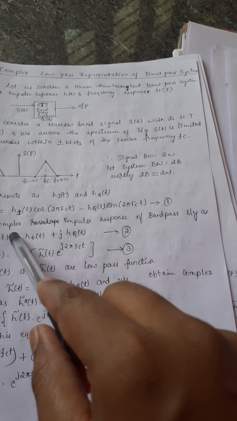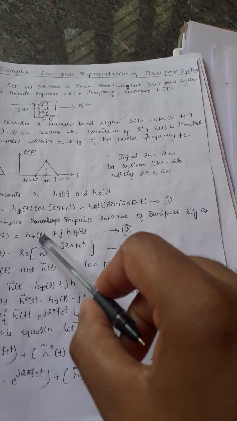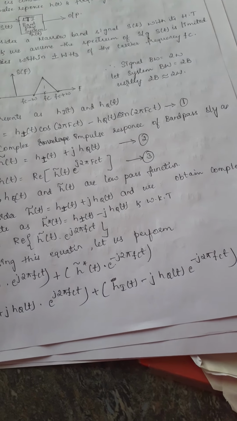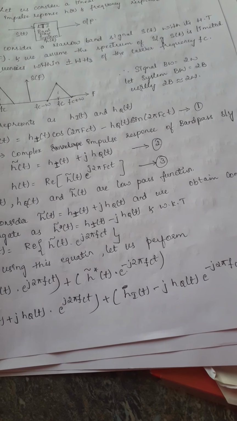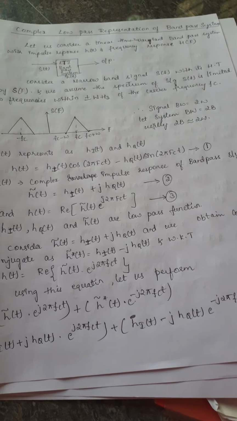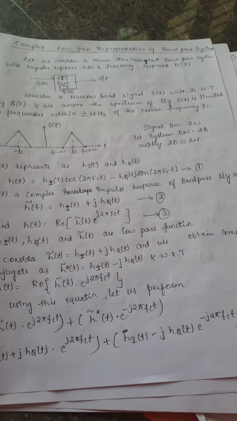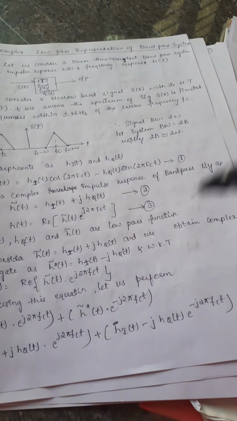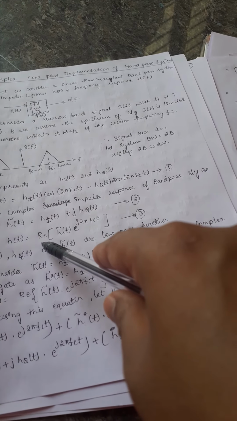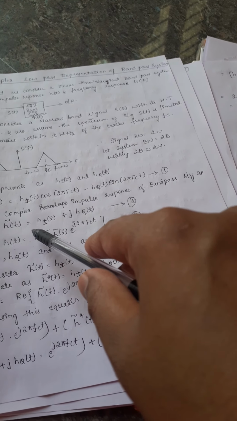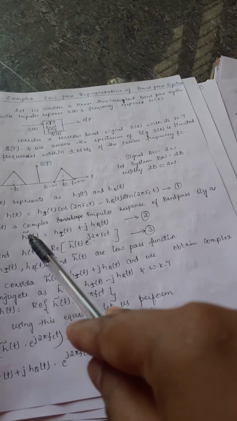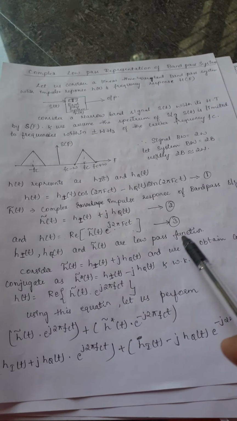We define h tilde of t equals hi of t plus j hq of t, and h of t is the real part of h tilde of t into e to the power of j 2 pi fct, where hi of t, hq of t and h tilde of t are low pass functions.